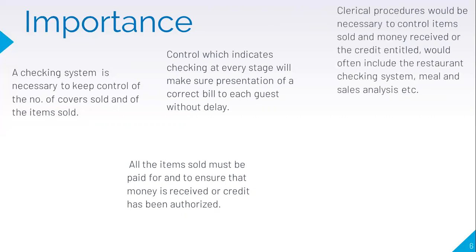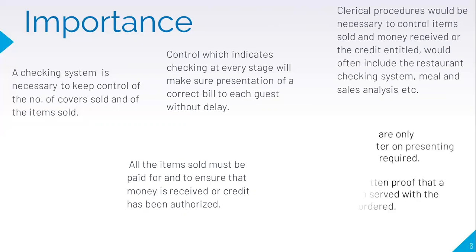Clerical procedures are necessary to control items which are sold and money received, or the credit which is entitled. This would often include the restaurant checking system, meal and sales analysis, etc. Whenever we generate a bill, we end up making n number of reports. Those reports are important for us to have tight control on whatever is happening in various food and beverage outlets.